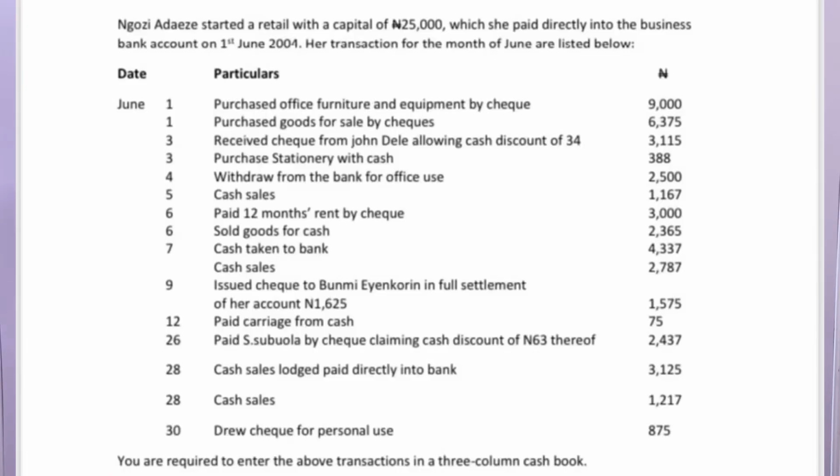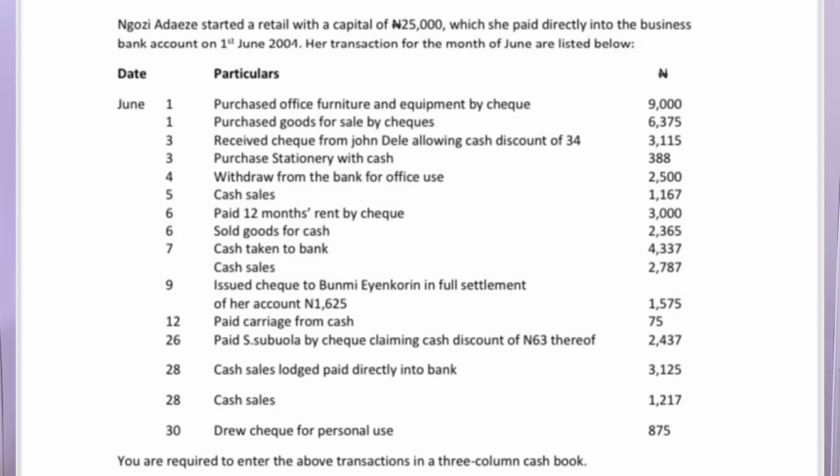So I have a question here, and that will be displayed on the screen for you all to see. So Ngozi Adeze started a retail business with a capital of 25,000, which she paid directly into the business bank account on 1st June 2004.